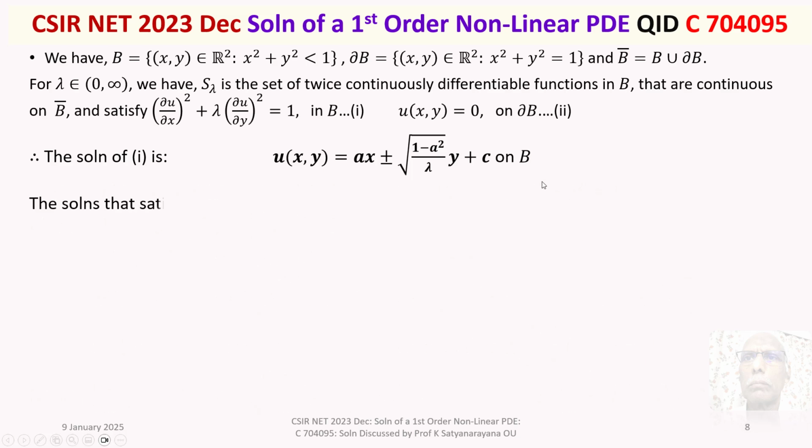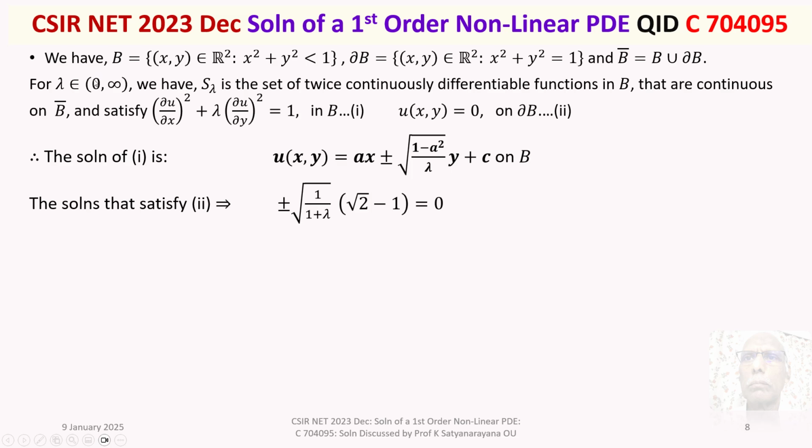So that is what we have. The solutions that satisfy the second equation, that is on the boundary condition, u(x,y) is equal to 0. We get this one: plus or minus under the square root of 1 by 1 plus lambda into root 2 minus 1 is equal to 0. Right. Now look at lambda.